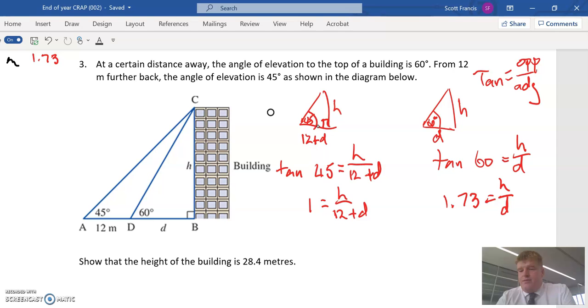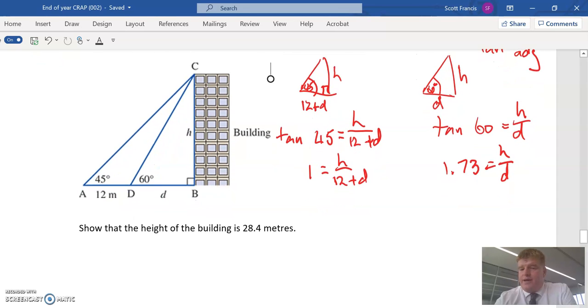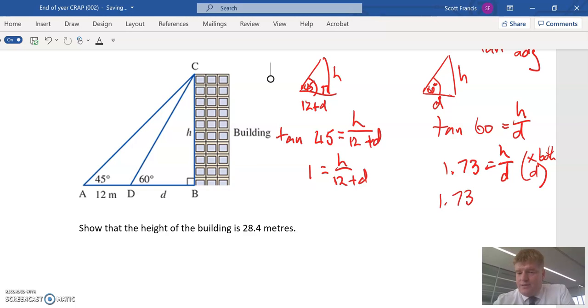The easiest way is to find out what H equals in this triangle. If we multiply both sides by D, we've got that 1.73 times D equals H.